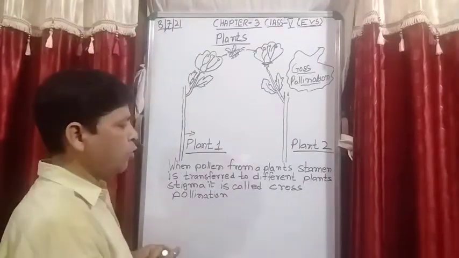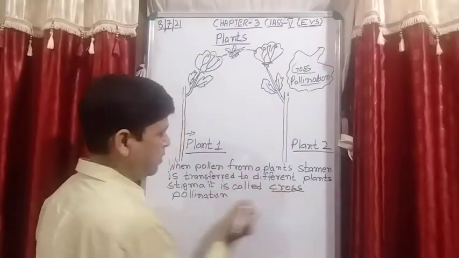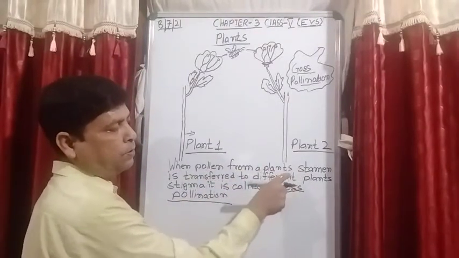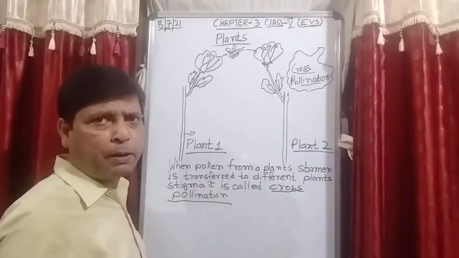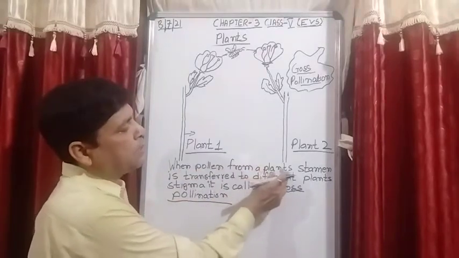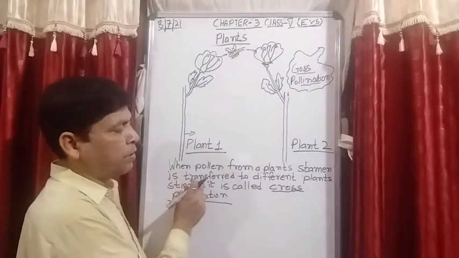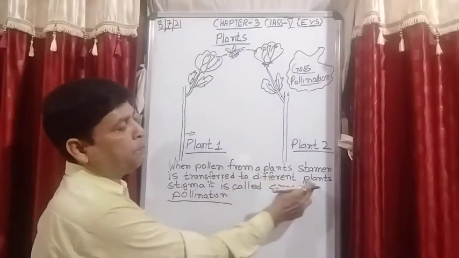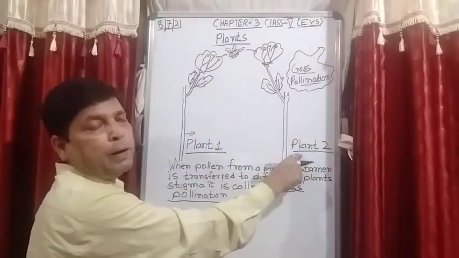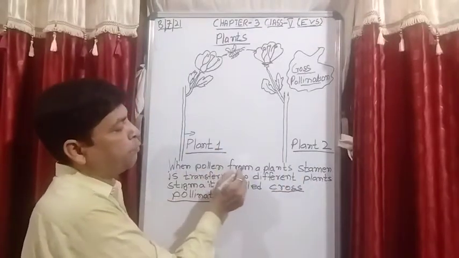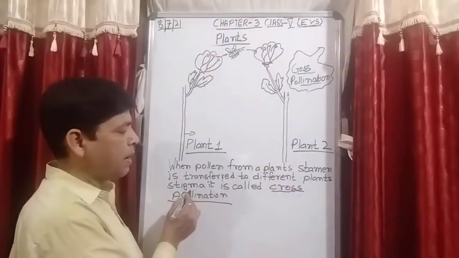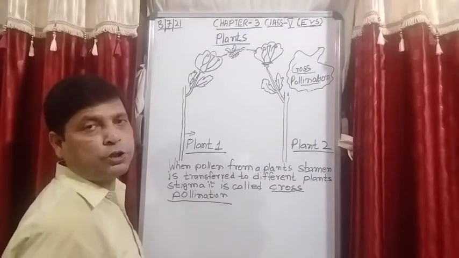Okay, now what is cross pollination? When pollen from a plant's stamen, okay, you can write plants here also, I have not written flower, plant, because a flower is a part of the plant, it is not separate. So when pollen from a plant's stamen is transferred to different plant's stigma, look, this plant was plant 1, this is the other plant, plant 2. So when pollen from a plant's stamen is transferred to a different plant's stigma, it is called cross pollination.